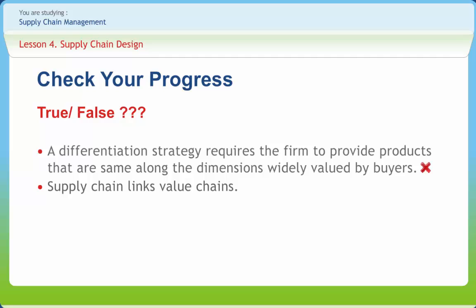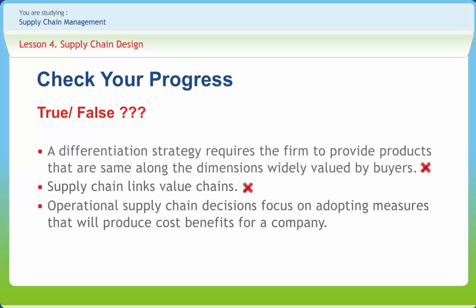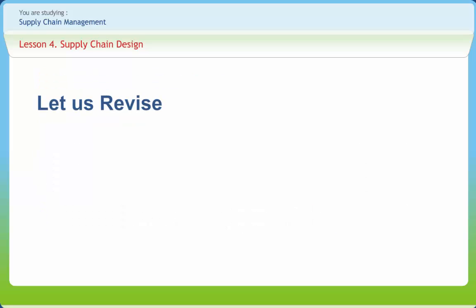True or false? False. The third statement says that the operational supply chain decisions focus on adopting measures that will produce cost benefits for a company. True or false? True. Let us briefly revise what we have studied in this lesson.